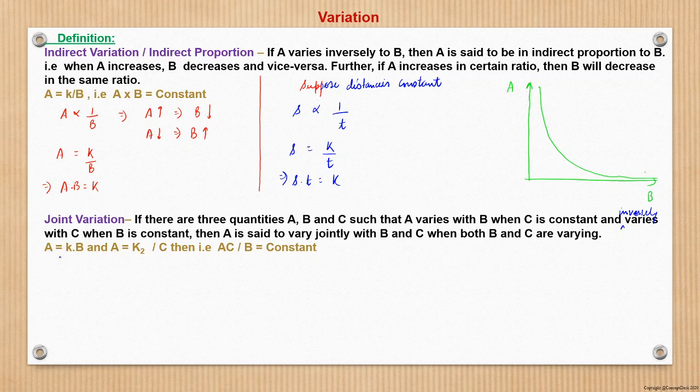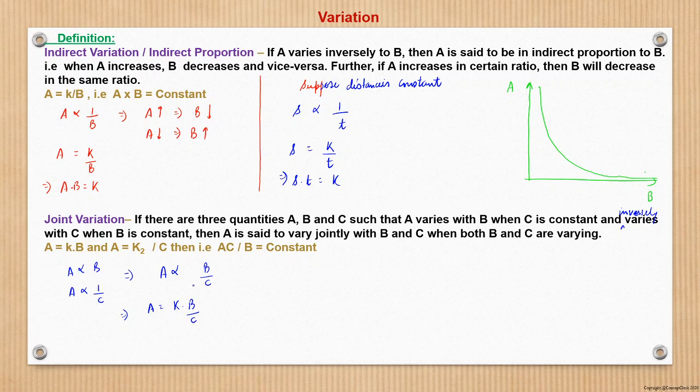In the examples which I have taken here, it's inversely varying. So A is said to vary jointly with B and C. This means that if A is proportional to B and A is inversely proportional to C, I can write this as A is varying as B by C. So to remove the sign I can write A is equal to constant times B upon C.